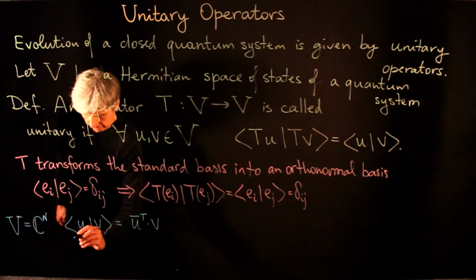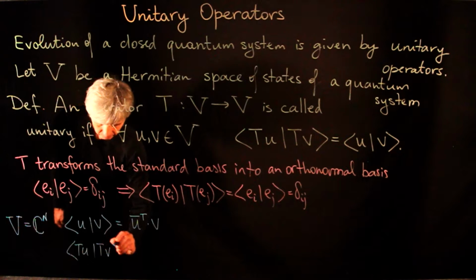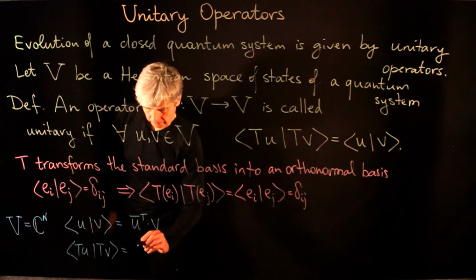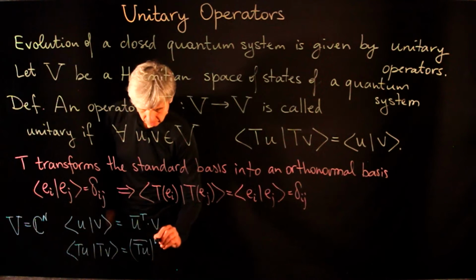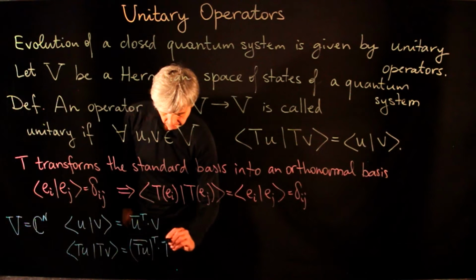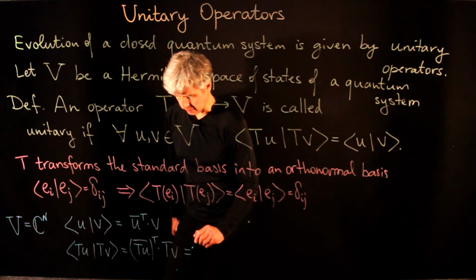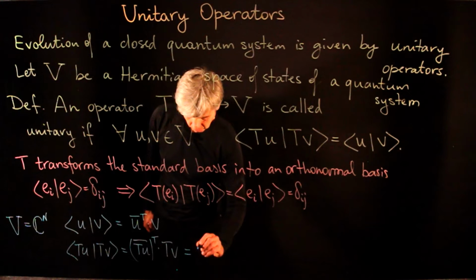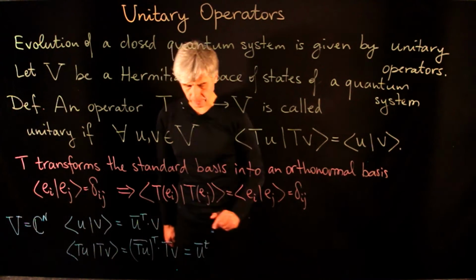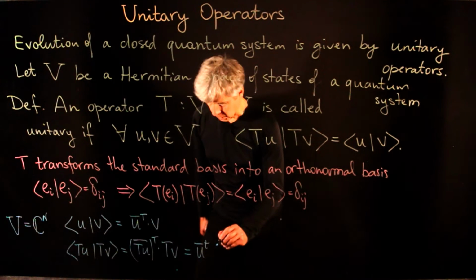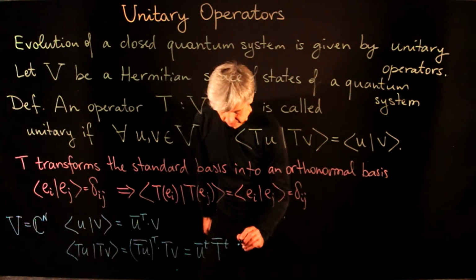And so (Tu, Tv) is then equal to (Tu) bar transpose times Tv. And so this becomes u bar transpose, well, maybe I'll write transpose with the little t because we have capital T here, u bar transpose times T bar transpose times Tv.